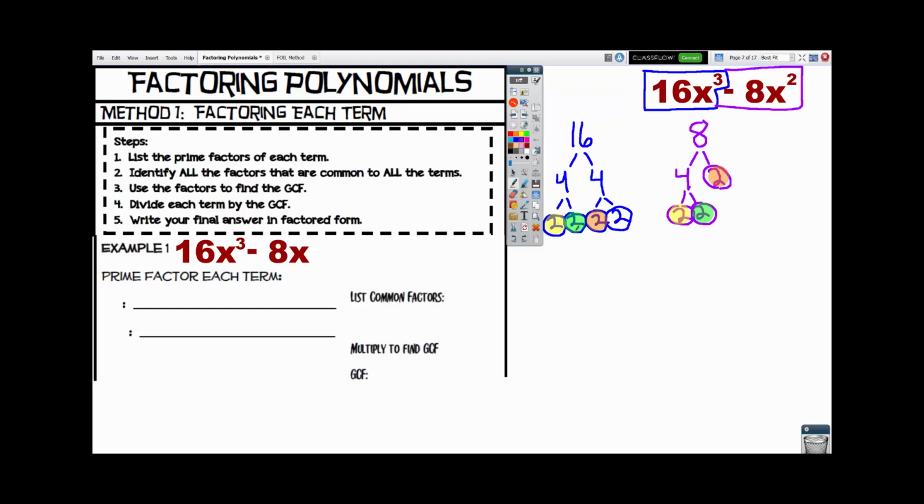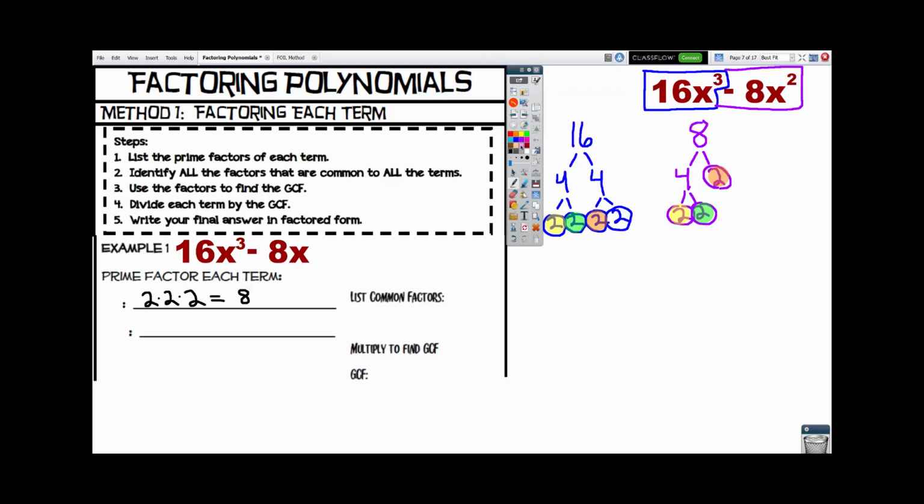And remember, we need to take equally from both of them. Okay, so we are only able to take out 3 2s. Okay, so 2 times 2 times 2. Okay, and 2 times 2 is 4, times 2 is 8.